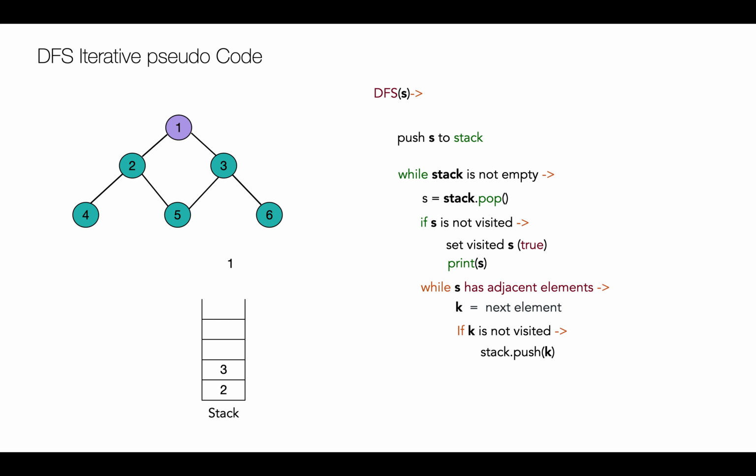Here each time only the topmost vertex is going to get popped out of the stack, and at each elimination the adjacent vertices to the eliminated vertex are going to get placed at the top of the stack. So this way one branch gets traversed completely and then the execution is able to get to the next branch. So this goes on until there is any node present in the stack. So this is how the iterative approach works.